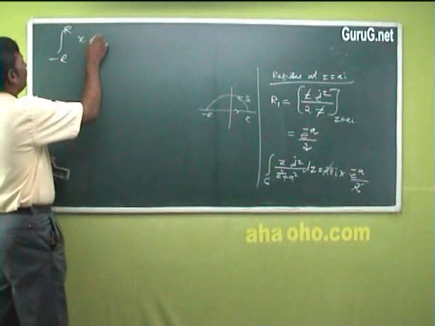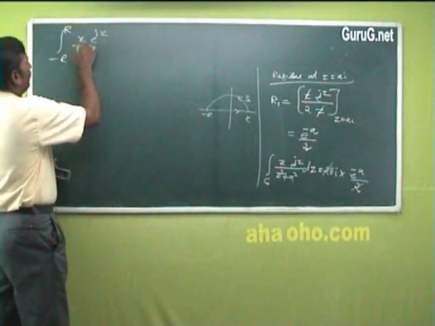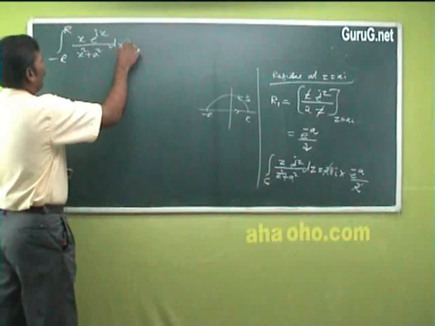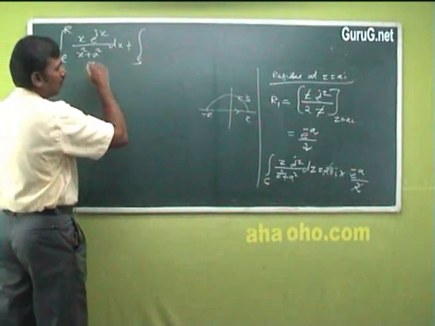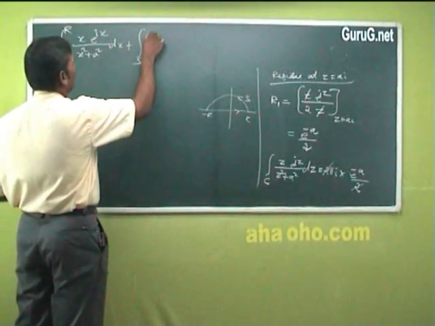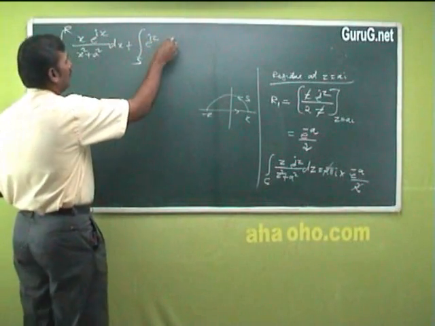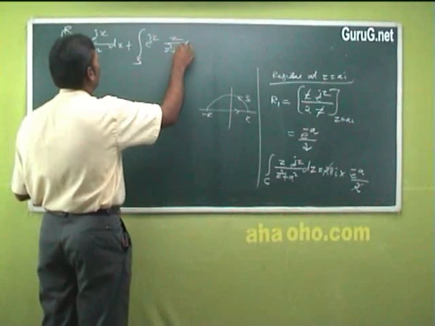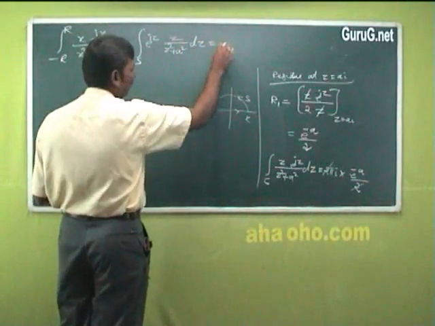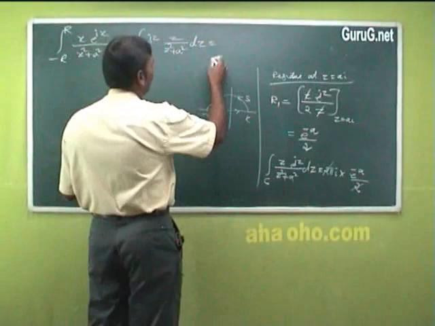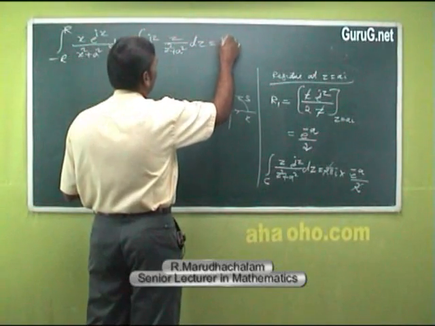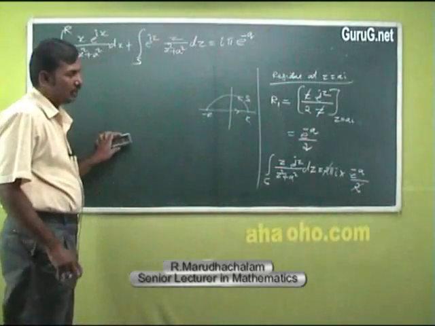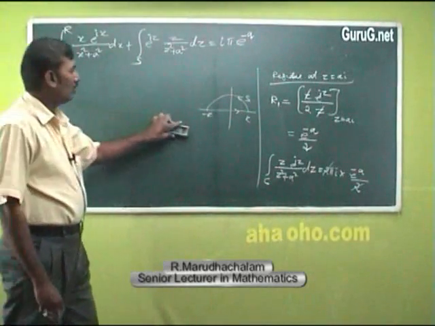So integral of x into e power ix by x squared plus a squared into dx plus integral over s of e power iz by z squared plus a squared dz equal to i into pi into e power minus a. Clear? Okay.